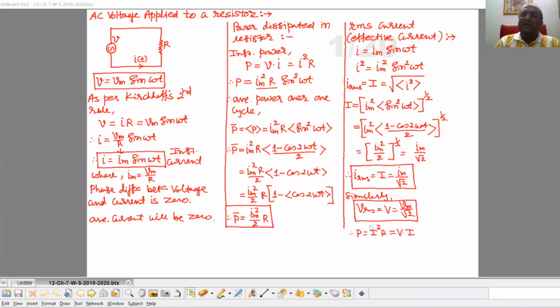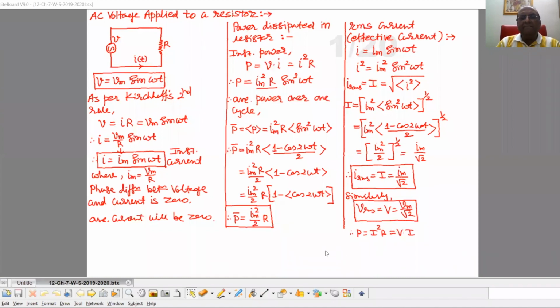Directly we can write the RMS voltage also as Vm by root 2. If we solve in the same manner, V equals Vm sin omega t, and calculate VRMS, we will get the same value.